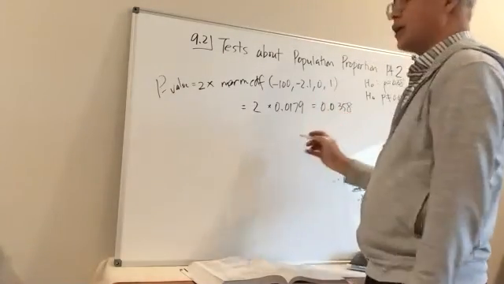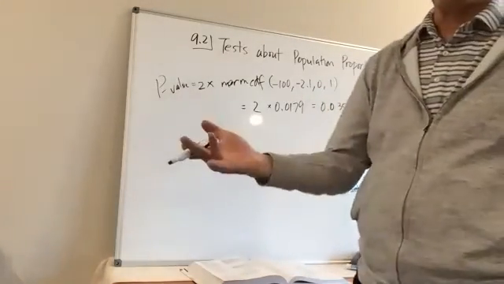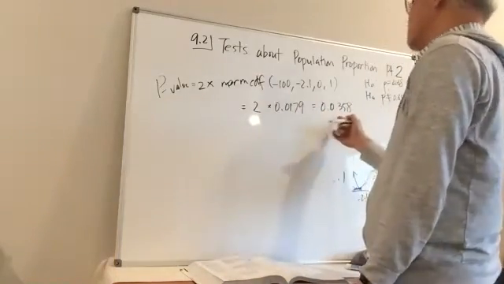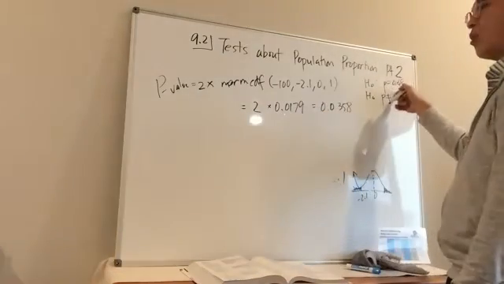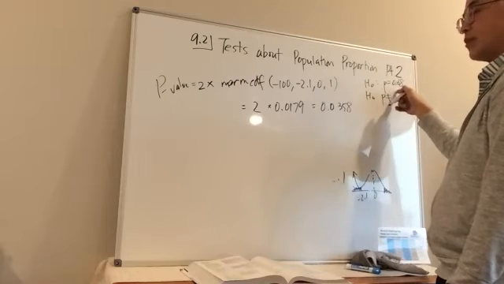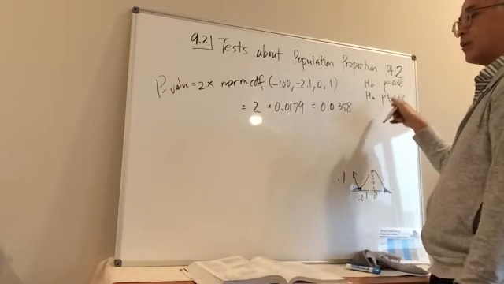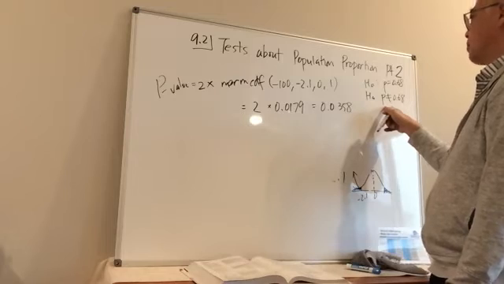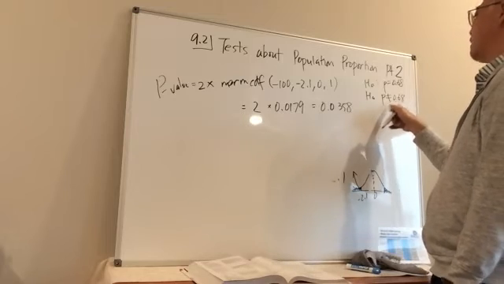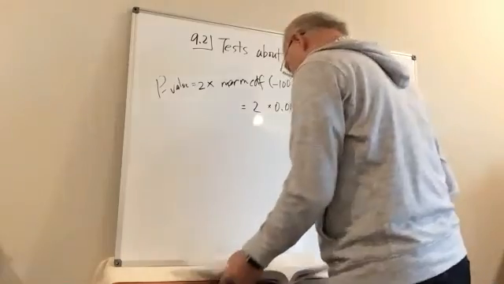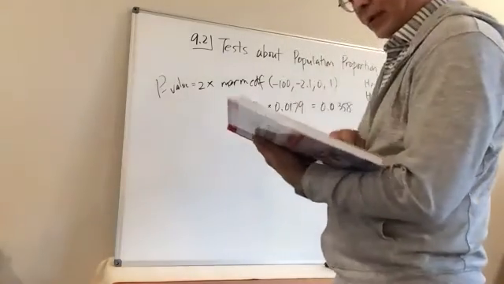My p-value is still less than the alpha, which was 5%. So p-value is less than alpha, which means that we reject the Ho. We reject the Ho, and we have convincing evidence that the true proportion is not equal to 0.68. Okay, so that's how you conclude.